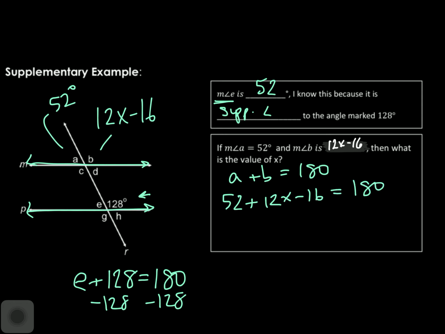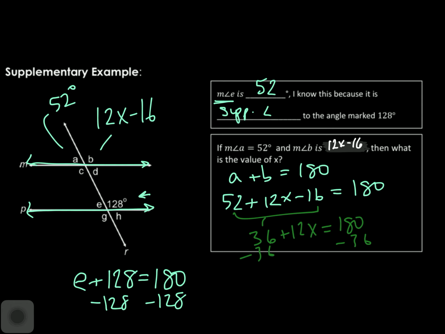Rather than write angle A, I'm going to choose to write 52, because that is far more useful to me. And rather than write B, I'm going to write plus 12x minus 16. And that still has to equal 180 degrees. And now this just becomes a solve for x problem.